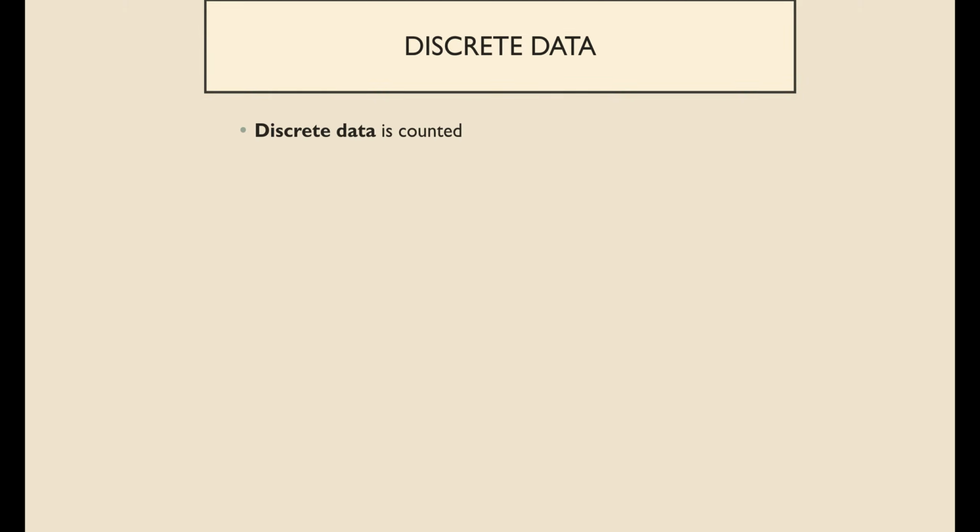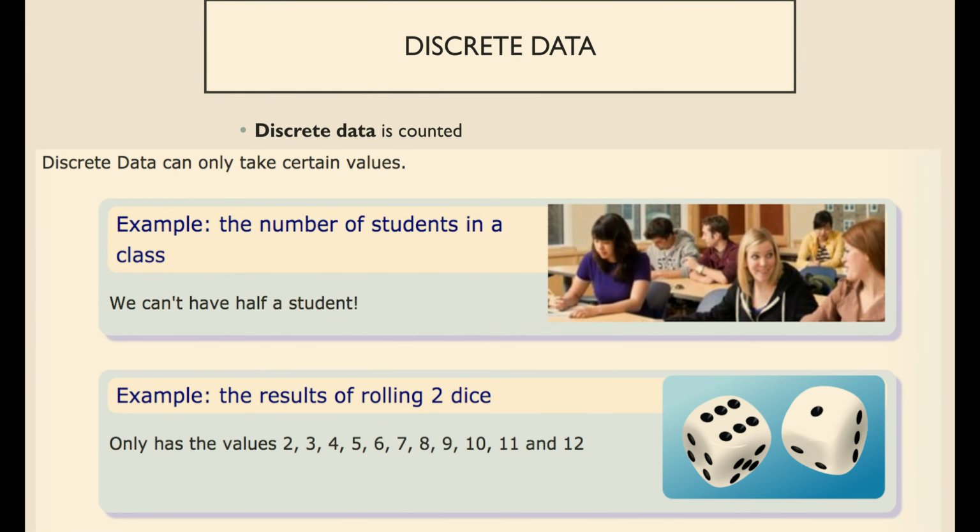So as a recap from previously stated, discrete data is counted. So further examples, okay? The number of students in a room or in a class, you can't have half a student, okay? Yes, I know some of you are going to say, well, yeah, you can. Let's be real. In reality, you can't have half a student. So for the discrete data, if you count the number of students, that's going to be there.